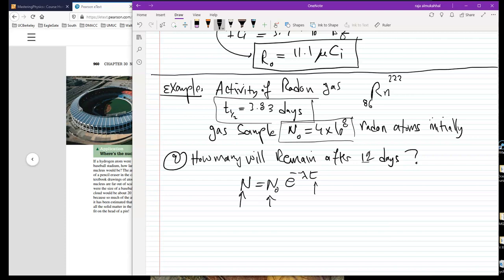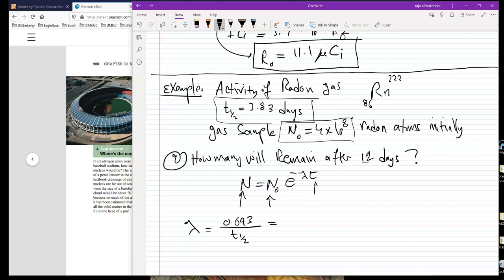So first I need to find lambda, and I know lambda is equal to 0.693 over the half-life. The half-life could be in seconds, but let's just do it in days, for a good reason.